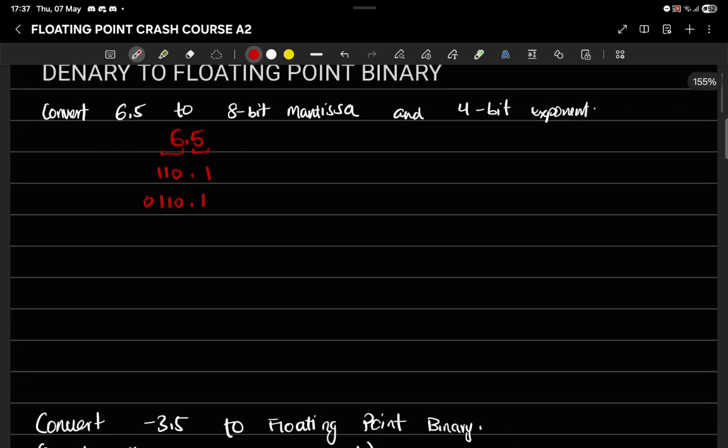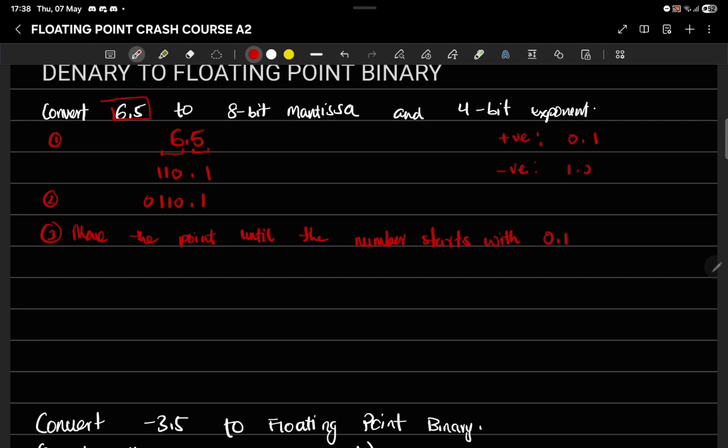Now what we do next is we move the point until the number starts with 0.1, because we know that 6.5 is a positive number, and a positive number always starts with 0.1, and the negative starts with 1.0.